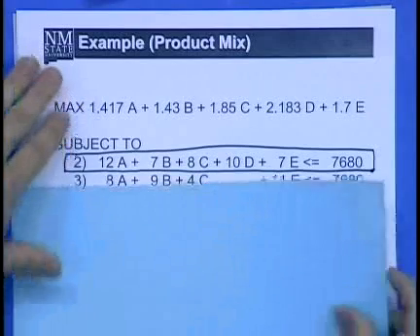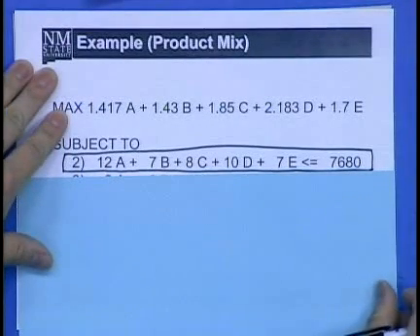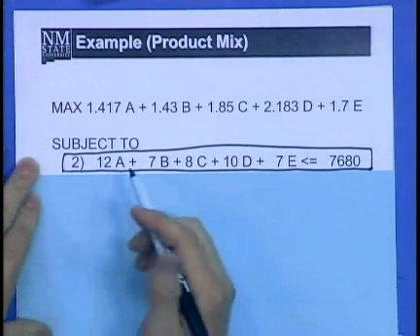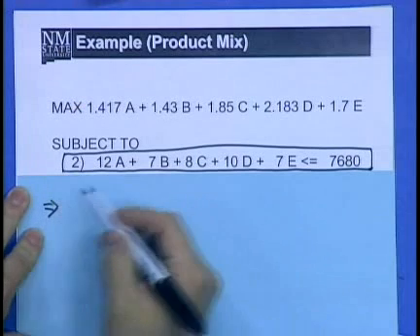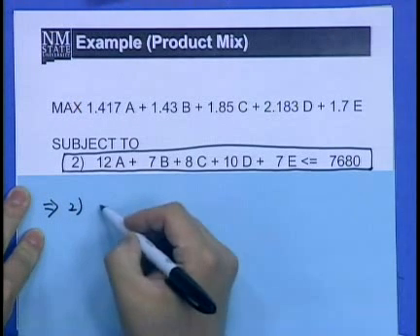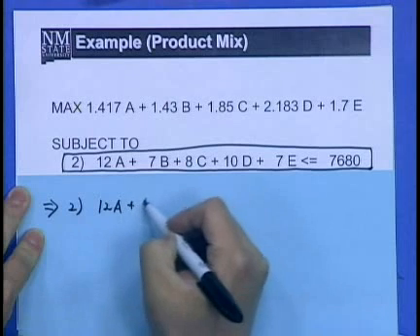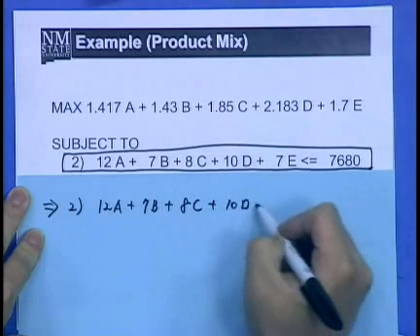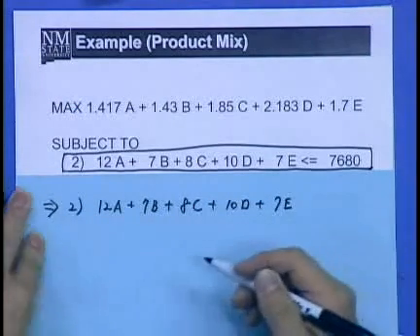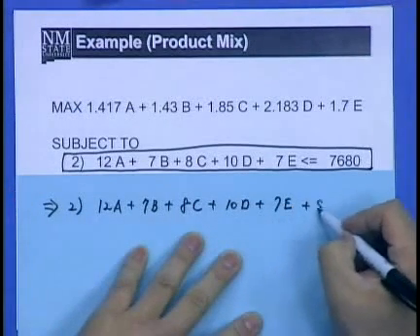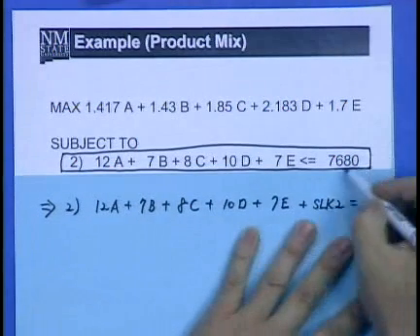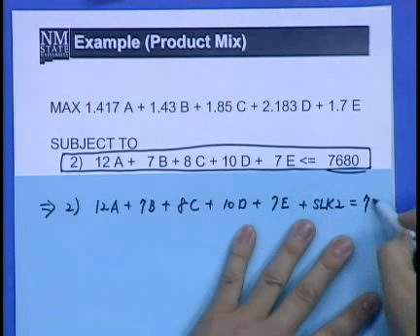And by introducing the slack variable, this row number 2 becomes an equality constraint: 12a plus 7b plus 10d plus 7e plus slack 2, right, equals this right-hand side, 7,680.